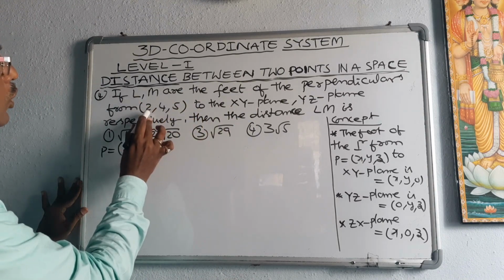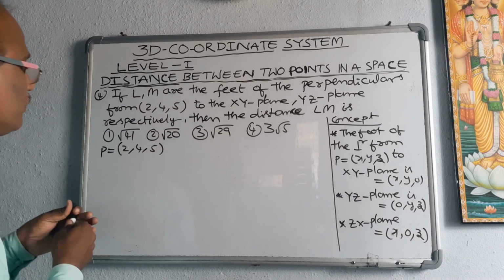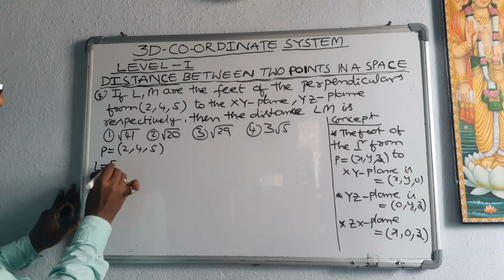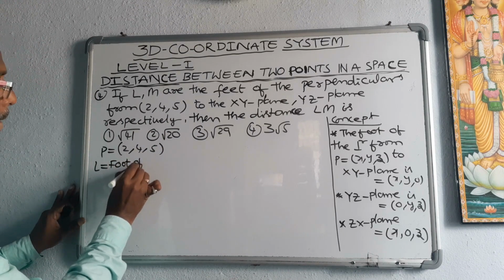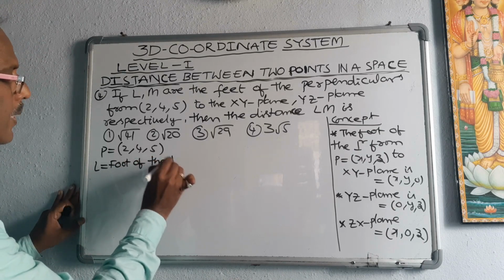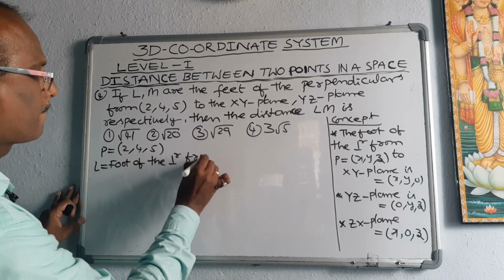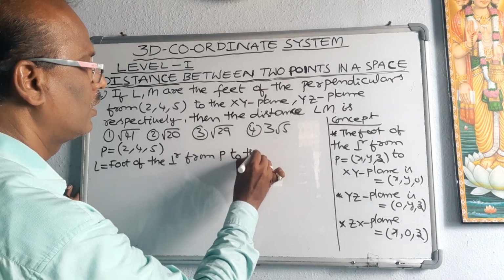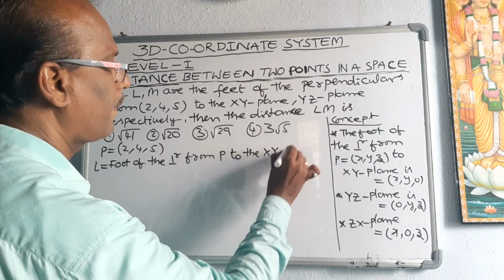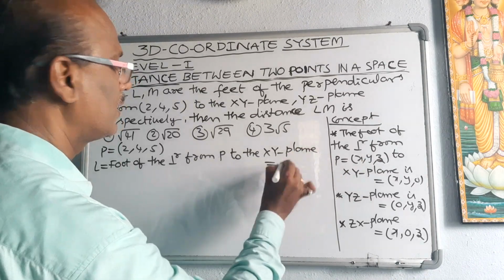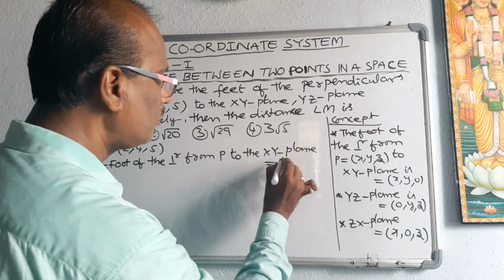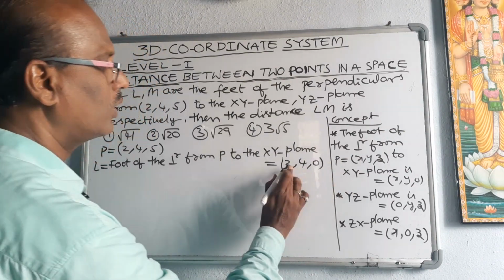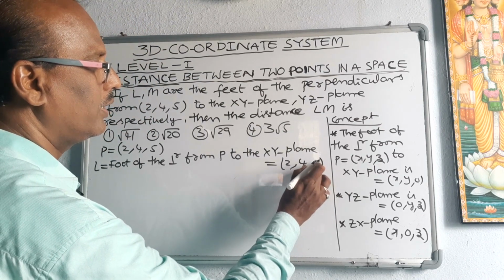The L value is equal to (2, 4, 0). This is the L value, (2, 4, 0). Here the z coordinate is 0.